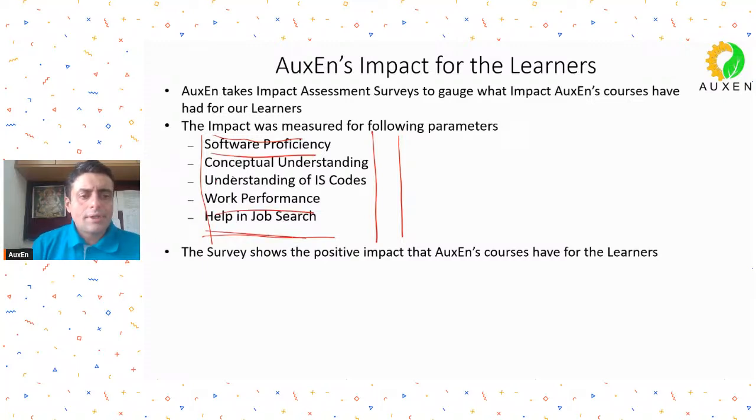In our courses we try to cover the development in software proficiency. We work on the conceptual understanding. We work on the understanding of IS codes, work performance, and through our courses we also try to help our participants in their job search.